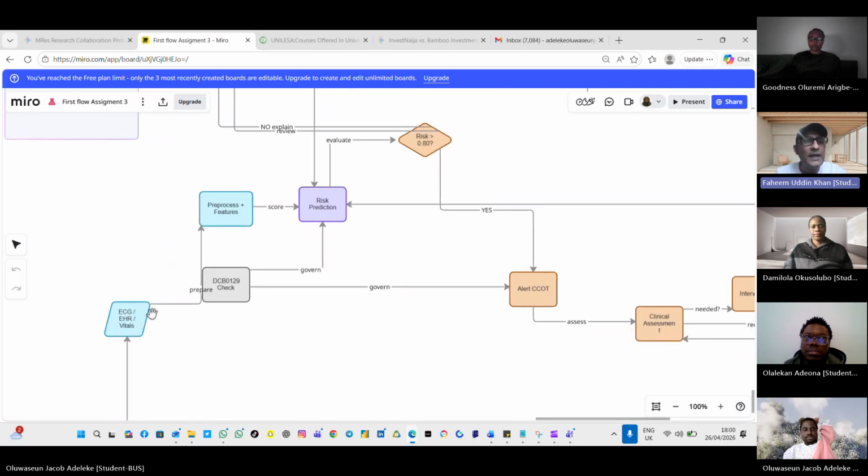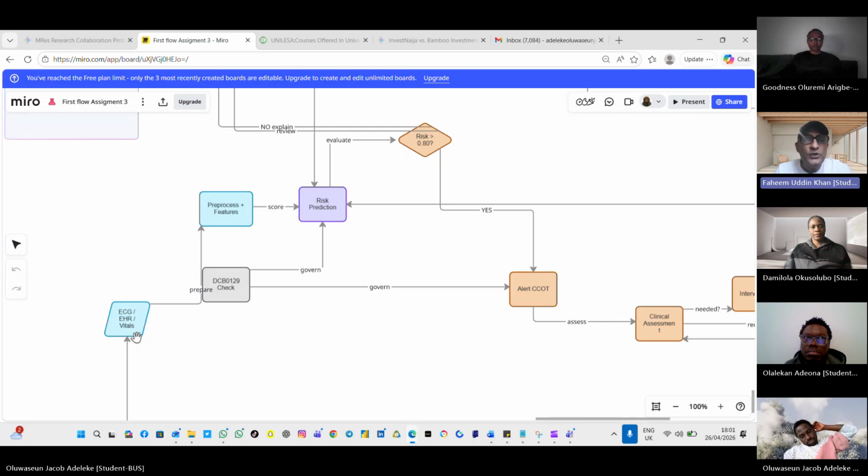It also includes live vital signs like heart rate, oxygen levels, and blood pressure. By combining all of this, the system gets a complete understanding of the patient instead of relying on a single number.